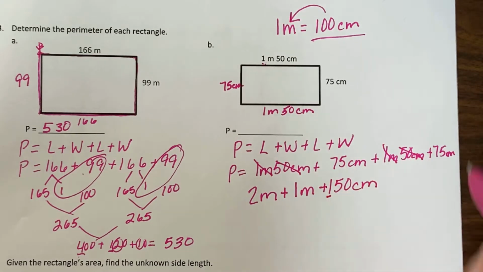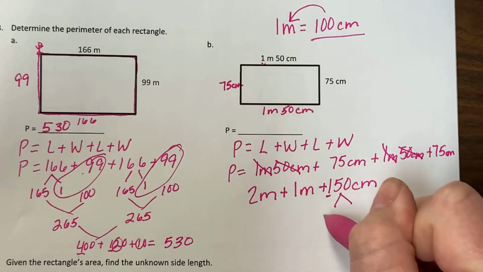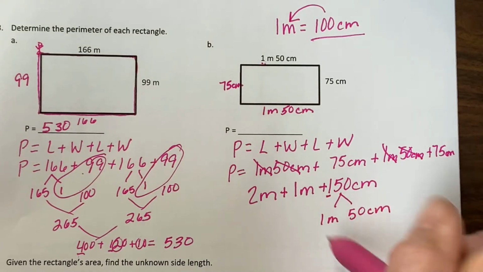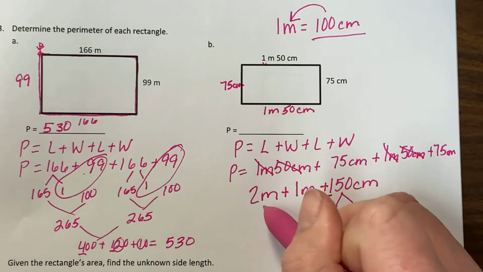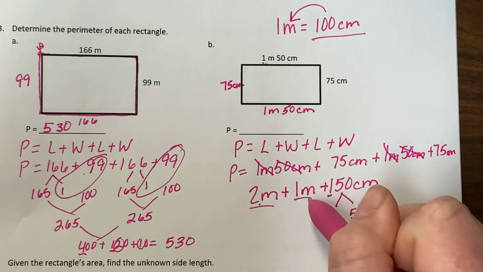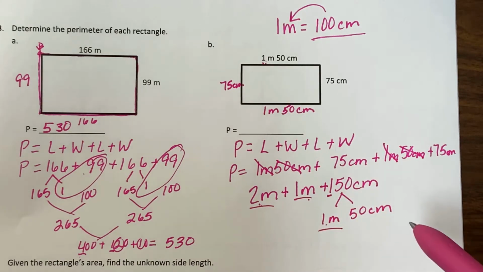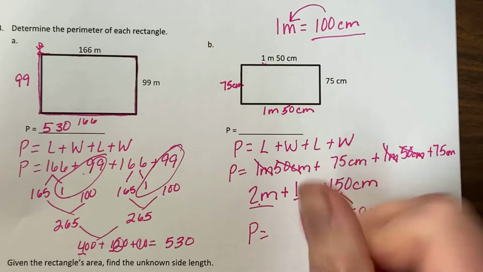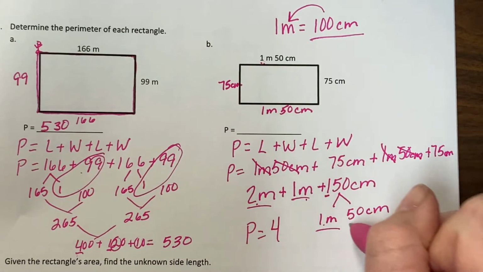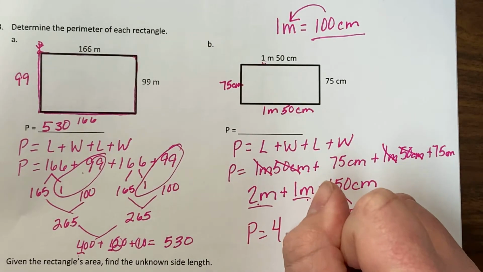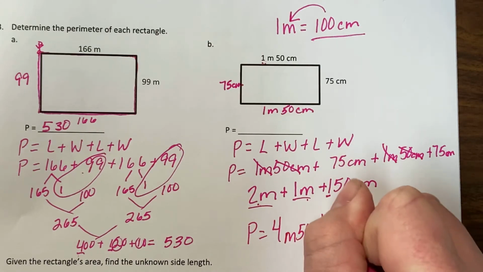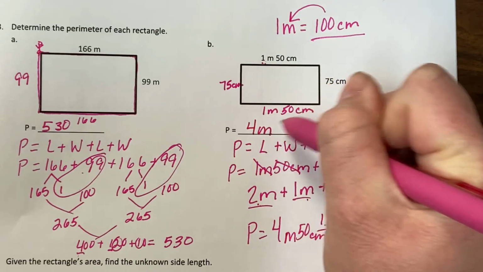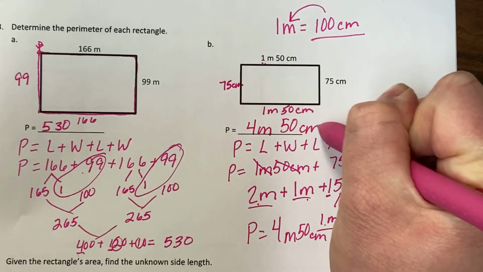Well, there's a 100 in that, so I can break that up to 1 meter and 50 centimeters. So when I go back and calculate all of these, I've got 1 meter, 2 meters, 1 meter, 1 meter that I need to add together. So my perimeter is going to be 2, 3, 4, and I still have that 50 centimeters left there. So I'll come up here and put 4 meters, 50 centimeters.